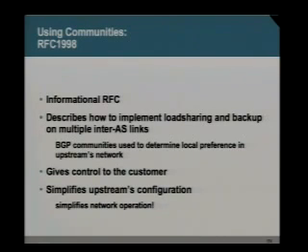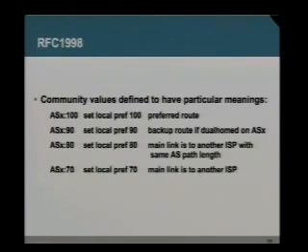It's what they did at Internet MCI, how they used communities to assist with their customers' load balancing onto their network. So it describes how to implement load sharing and backup in multiple inter-AS links. And the idea was to actually simplify the upstream configuration and give the customers some control.